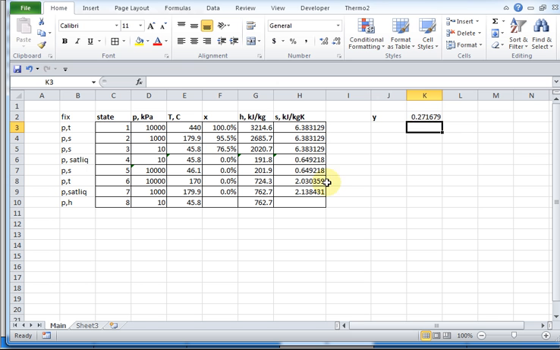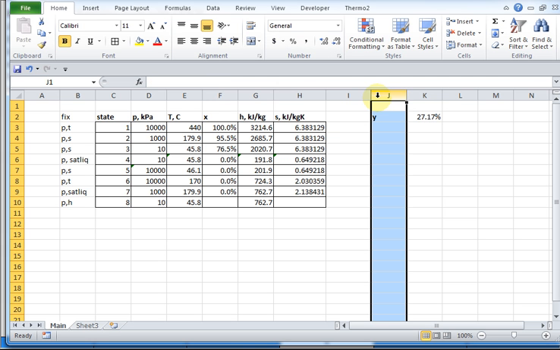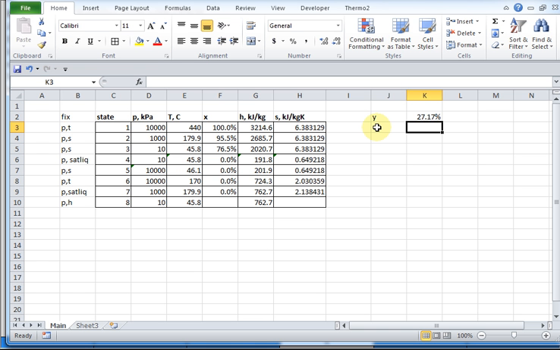So it looks like for this problem, 27.17% of the mass that's through the first turbine stage gets diverted down, leaving 1 minus y, which is simply 1 minus that. Now you say, why does it make such a simple calc? Often with spreadsheets like that, you just go ahead and evaluate that as 1 minus y. That way when I need it, I don't have to always do 1 minus something. It's available. It's 72.83%. Okay, let's do this. What's the work out of the first turbine stage?